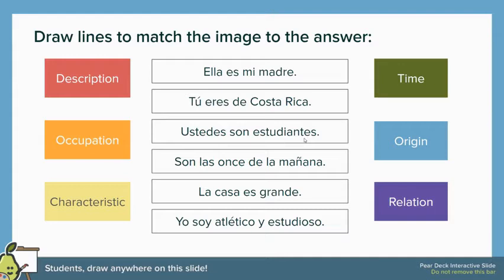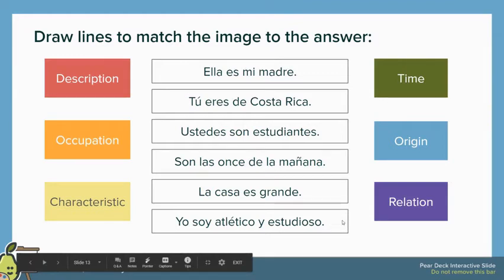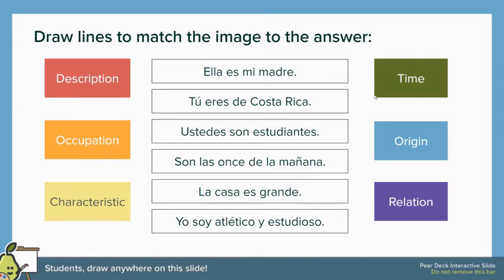Characteristic or característica. This one will be, yo soy atlético y estudioso. Time, which one includes time? That will be the fourth one down, son las 11 de la mañana.